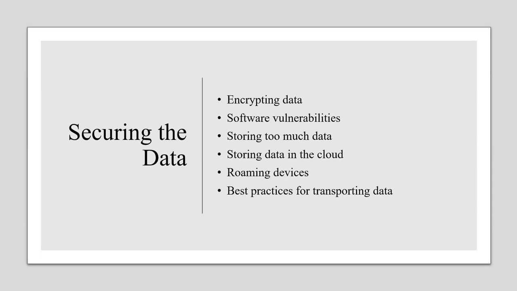So in securing data, we have these subtopics. We have encryption, software vulnerabilities, storing too much data, storing data in the cloud, roaming devices, and best practices for transporting data.